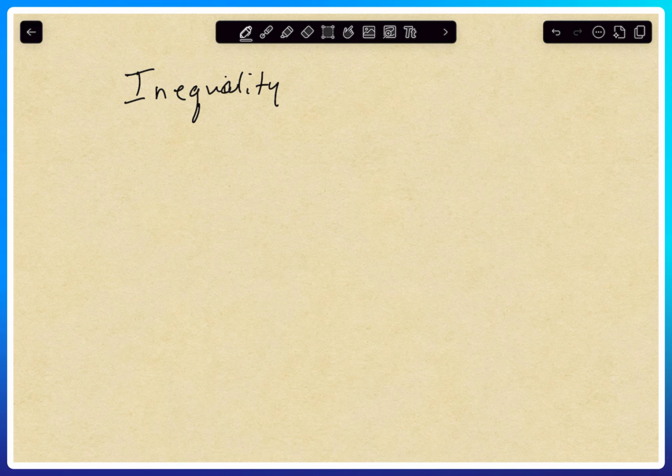So let's look at this one here: the absolute value of 2x minus 3 is less than 3. Now, this is going to be either 3 or negative 3, one way or the other. We know it's going to be less than 3, and if it becomes negative 3, it's going to be on the other side.